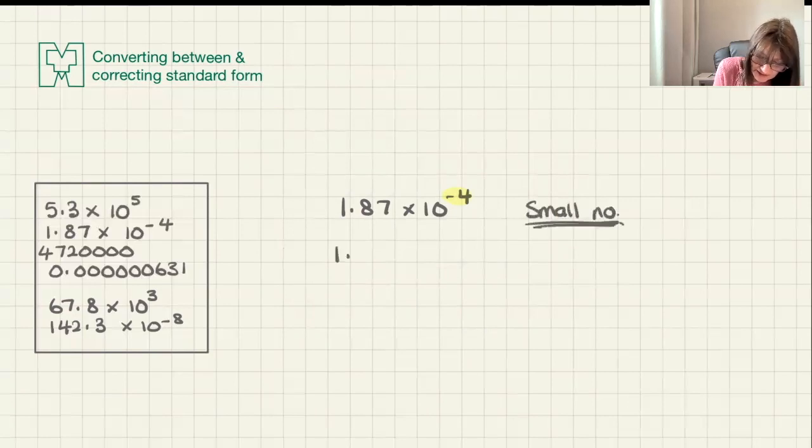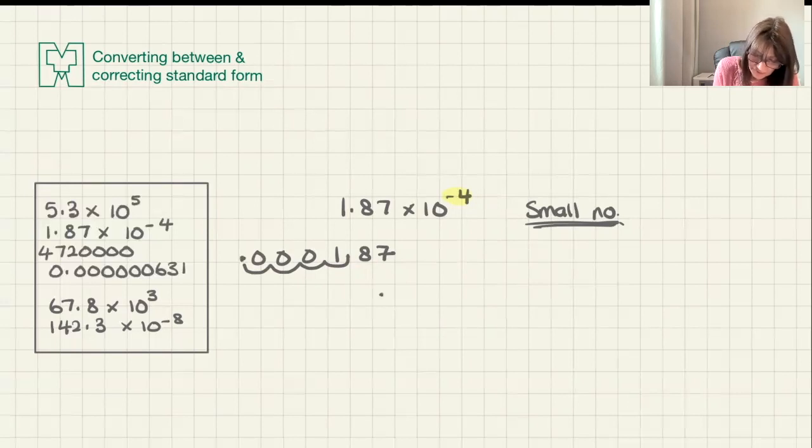So when I start to move my decimal point, I don't want to be going in a direction that's going to make it bigger. I want to be going in a direction that's going to make it smaller. So I'm going off in this direction. How many movements? 4. The power is 4. 1, 2, 3, 4. That would end up over here. Fill in all your empty buckets. And then you hit your decimal point.